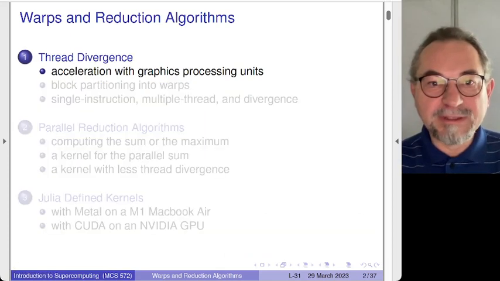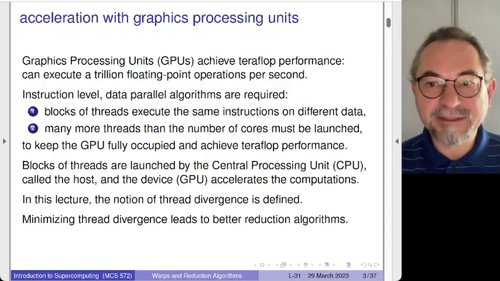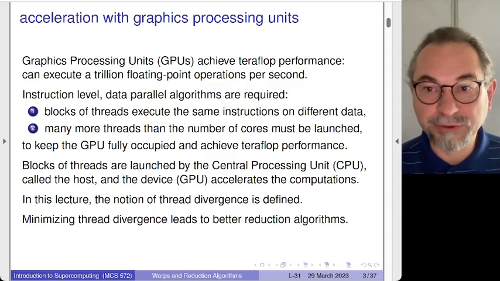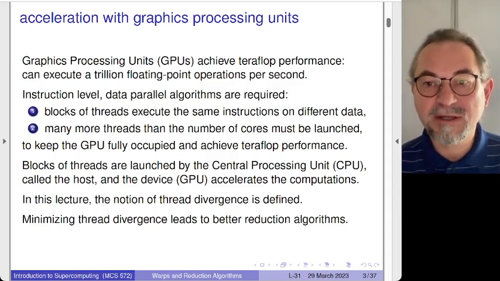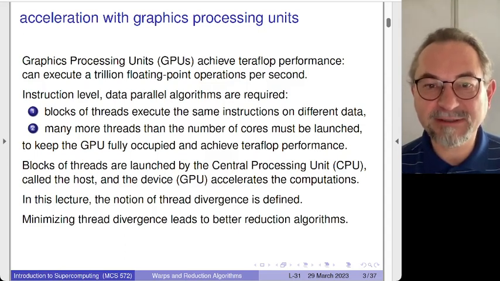Okay, so what is GPU acceleration again? Why do we do it? Well, we have teraflop performance. GPUs can achieve 1 trillion floating point operations per second.